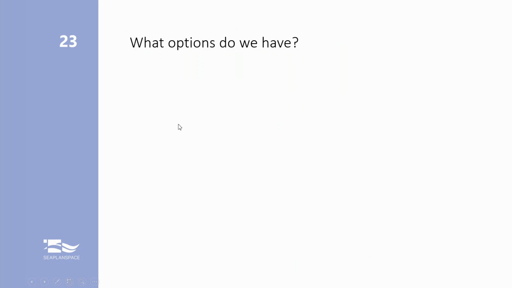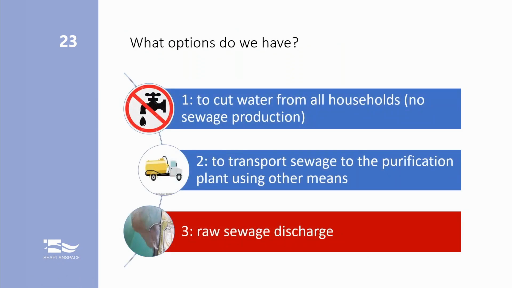What is actually very important when an incident happens? We have a fully working purification plant, but when an incident happens, we have three main ways to deal with it. First of all, we cut water from all households, so pretty much no water or no sewage production. Then we can use the time we have for repairing the purification plant or a pipeline or anything that got broken.